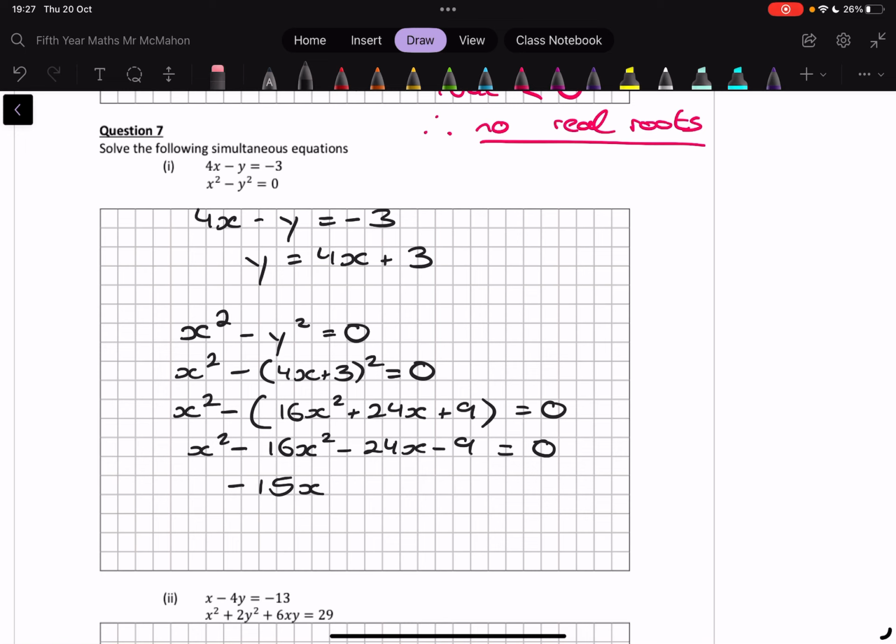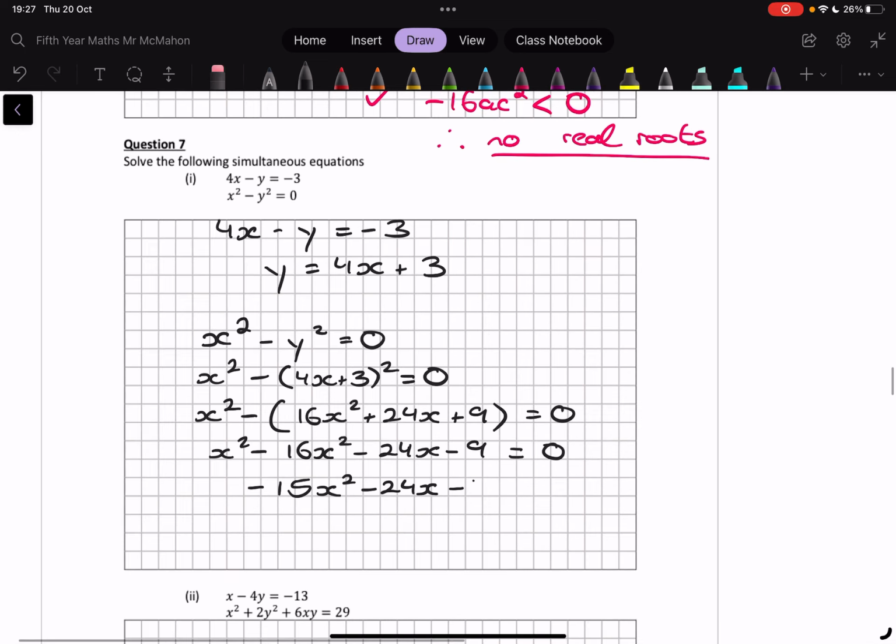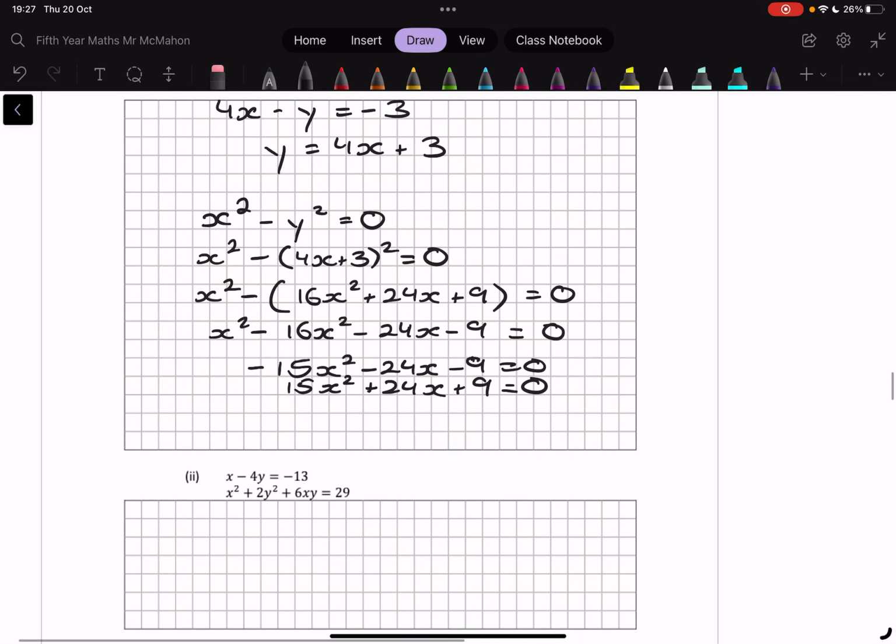Similar to the last question, we're ending up with an equation which is all negative values. So we can multiply across by minus 1 just to give us a question that's a little bit nicer to look at. Okay, if we wanted to, we can also divide across by 3. Again, just making it ever so slightly easier for us to work with.